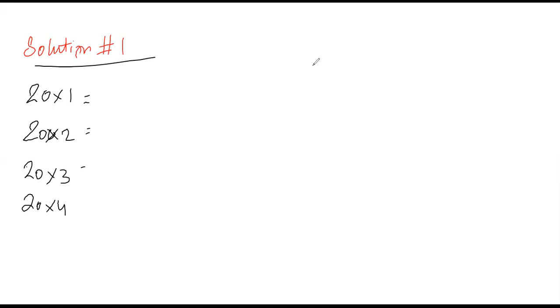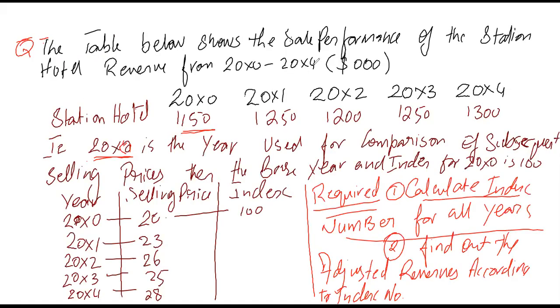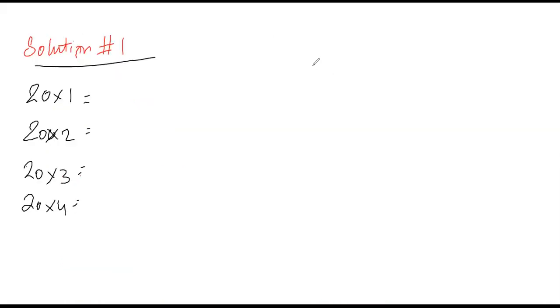How will I be calculating? I'll be using the base year's figure as 2000. So the base year figure for 2000 is 20. Now, the simple formula: P1 over P0 multiplied by 100. P1 is the value, the price, the revenue of the year for which we are calculating, and P0 is the base year that we will be using.